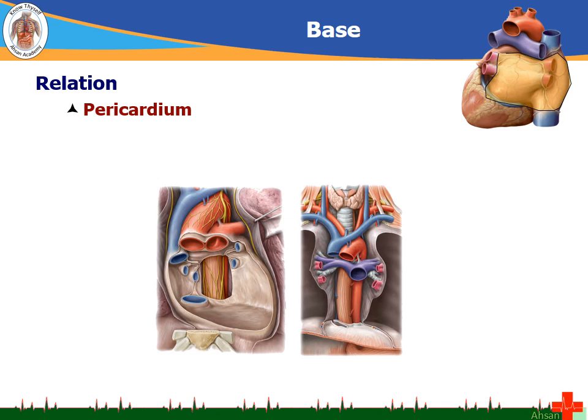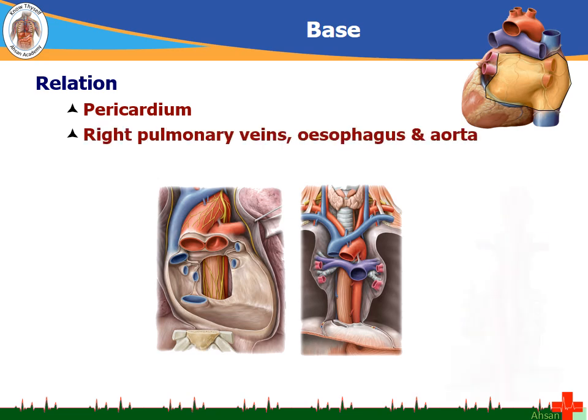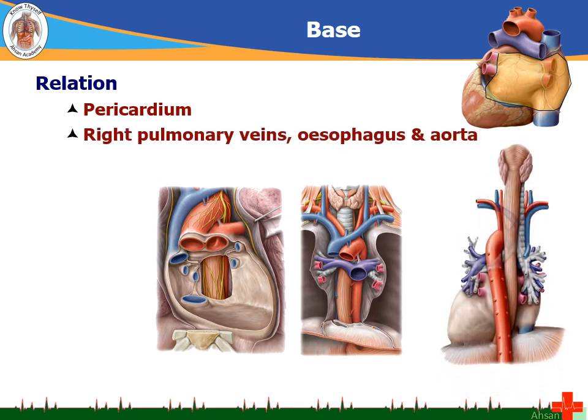So you can see the total mediastinum here in this figure, and this includes the right pulmonary veins, the esophagus and the aorta.